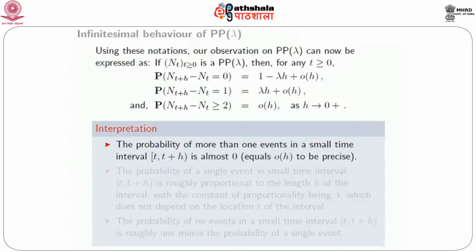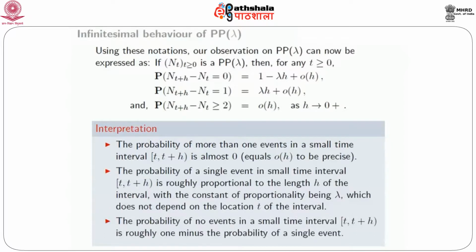The probability of a single event, that's the middle equation, in a small time interval t to t plus h is roughly proportional to the length h of the interval. Remember that the probability that N_{t+h} minus N_t is 1 is lambda h, so it's a quantity proportional to the length h of the interval plus an error, and that error goes to 0 at a rate faster than h.